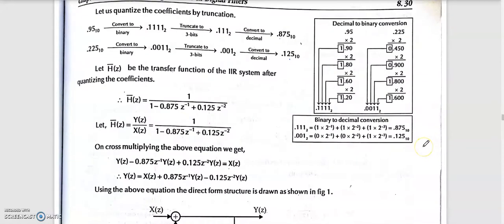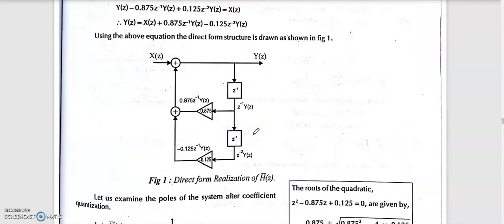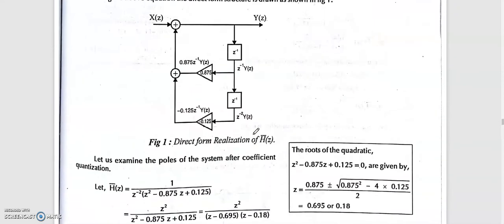So H(z), the quantized transfer function, is 1 by 1 minus 0.875 z inverse plus 0.125 z raised to minus 2. We have created the new transfer function, and we plot the output system.